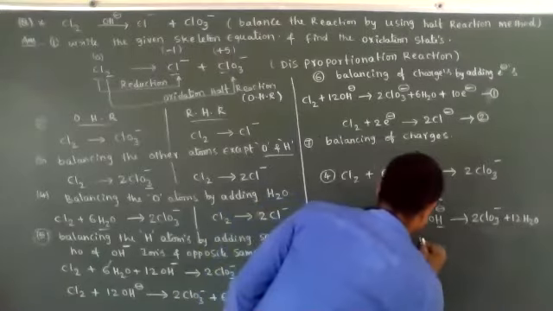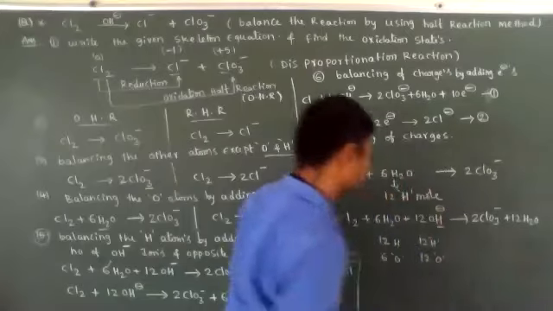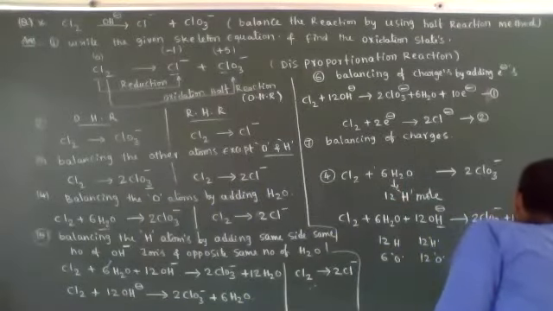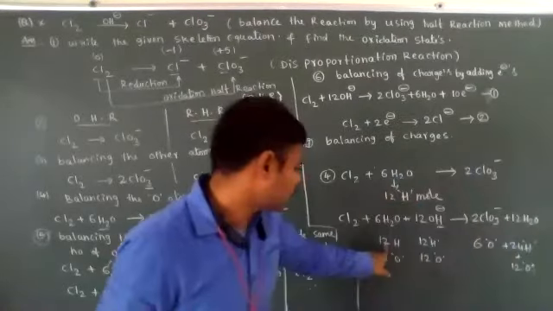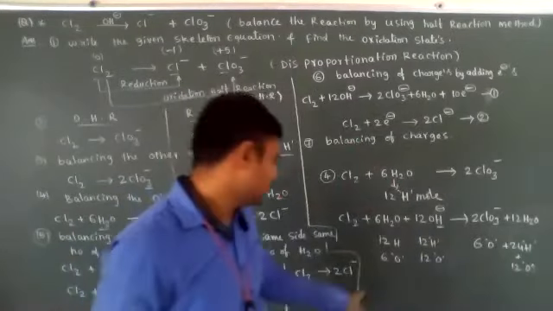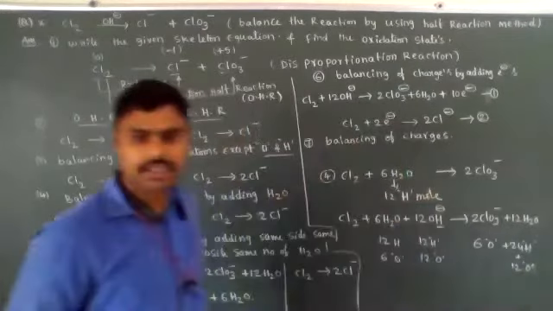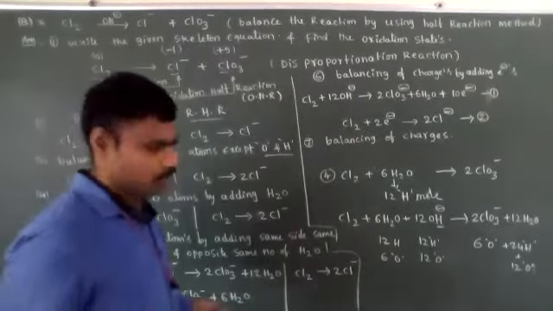Now here, 12 hydrogens and 12 oxygens from the added ions, and 6 oxygens, and 24 hydrogens plus 12 oxygens on the other side. So 12 plus 12, 24 hydrogens are present. 6 plus 12, 18 oxygens. Now oxygen atoms and hydrogen atoms are balanced.